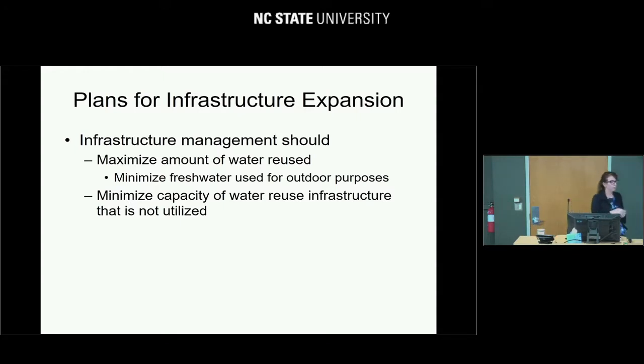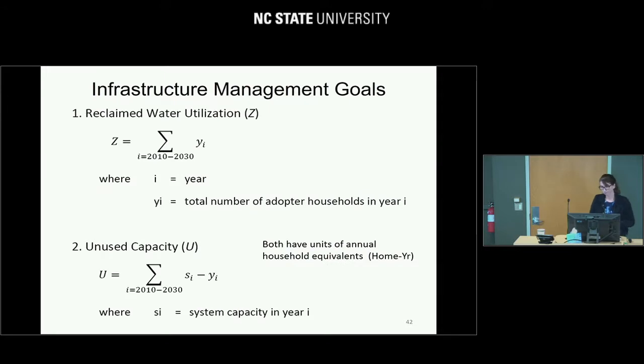One, we want to maximize the amount of water that's reused, so anything we reuse means we're minimizing our withdrawal of freshwater resources. And we want to minimize the amount of infrastructure out there that's not being used, so we want to minimize the capacity that's not utilized.